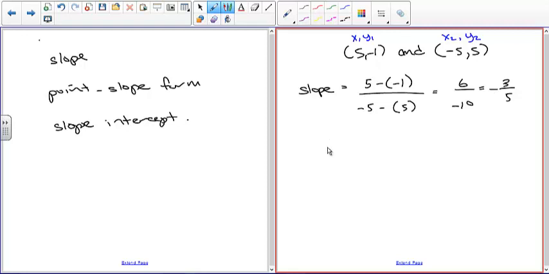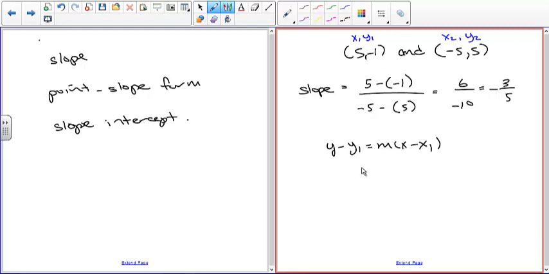Then use the point-slope form of the linear equation: y minus y1 is equal to m times x minus x1. You can use either point as x1, y1. It doesn't matter, just so you're using the corresponding points. I'm going to use this one because that's already called x1, y1.